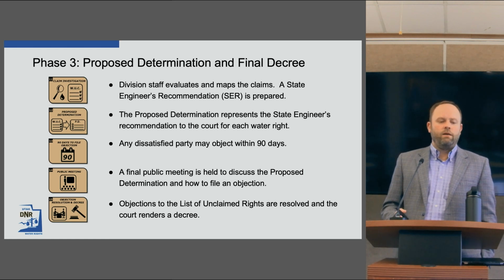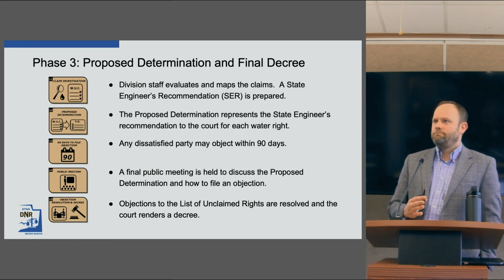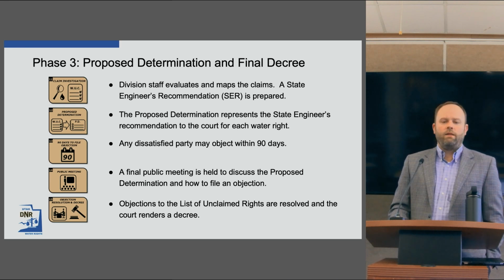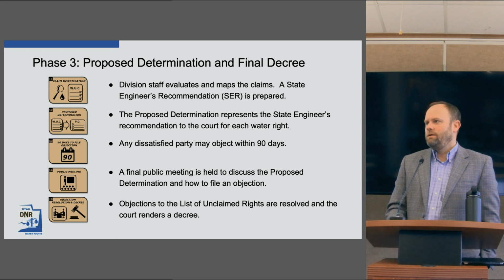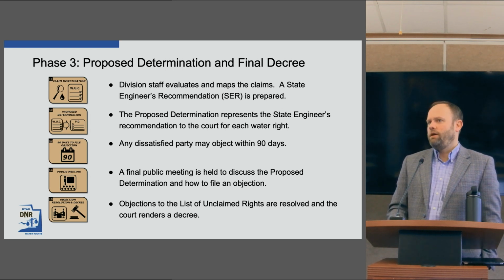And that decree finally is the final document or the final action that ends the adjudication process. And that's ultimately what we're looking for in these adjudications, is to get through this process and get to the judicial decree at the very end.